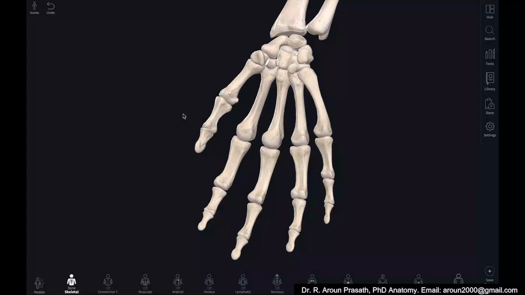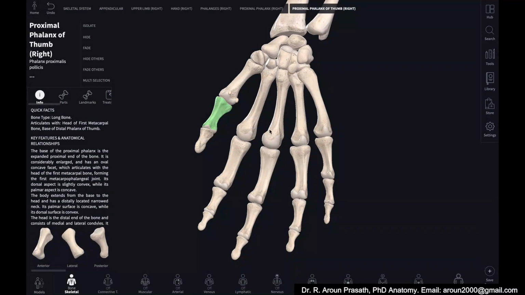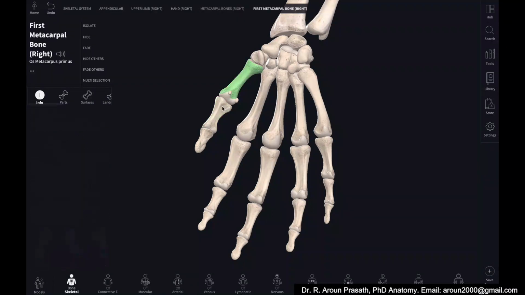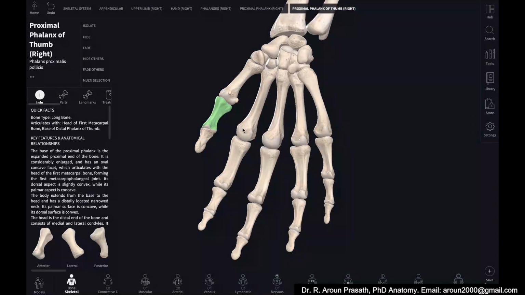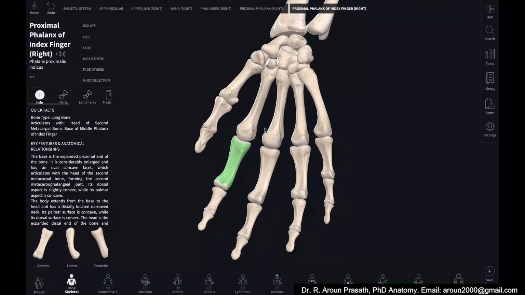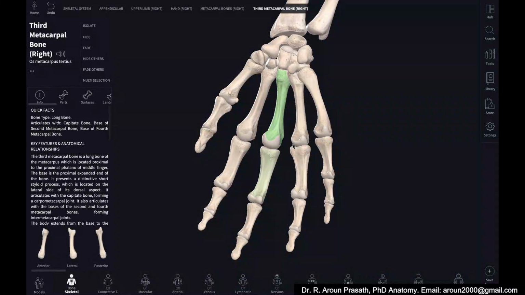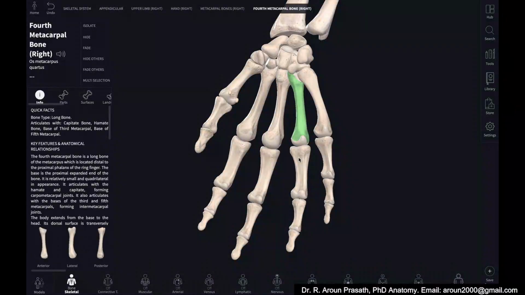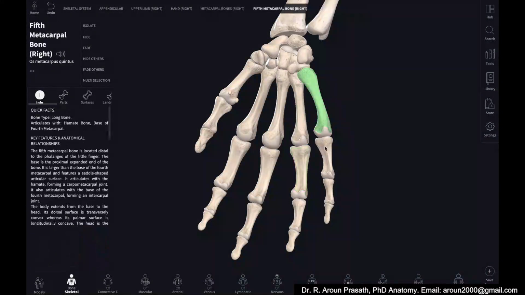Okay, so this is the thumb, index finger, middle finger, ring finger, and the little finger: 1, 2, 3, 4, 5. Okay, so this is the first metacarpophalangeal joint, second metacarpophalangeal joint, third metacarpophalangeal joint, fourth metacarpophalangeal joint, fifth metacarpophalangeal joint.